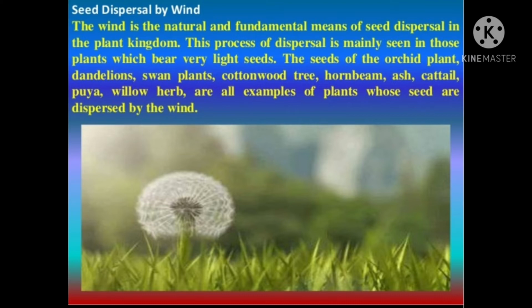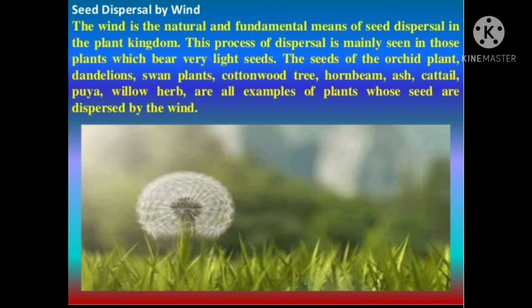Seed dispersal by wind. The wind is the natural and fundamental means of seed dispersal in the plant kingdom. The process of dispersal is mainly seen in those plants which bear very light seeds.